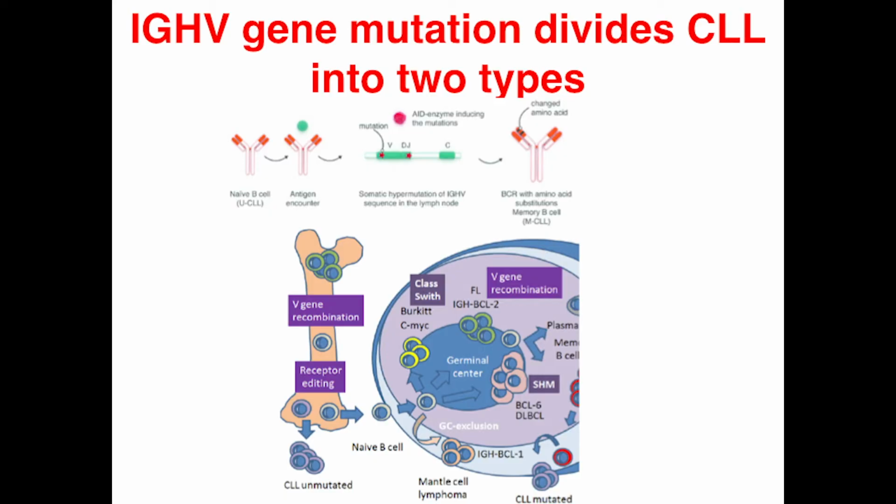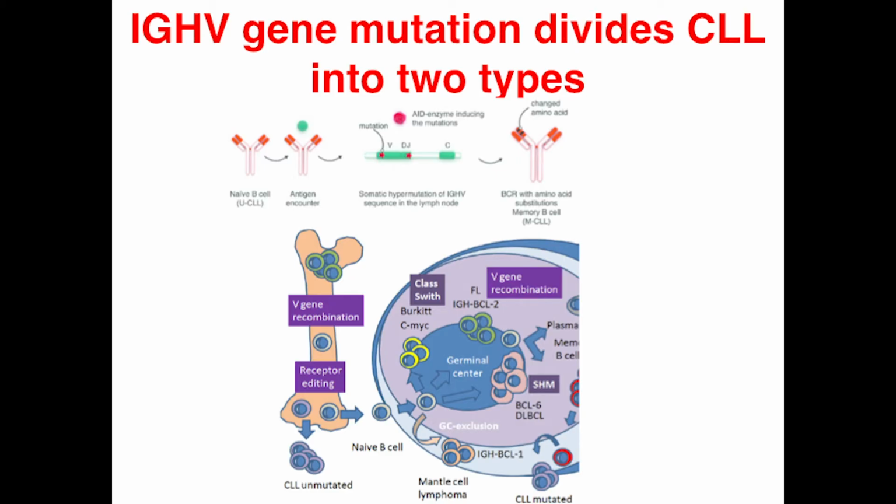Again, all the CLL cells carry mutations in non-B cell receptor genes. When we refer to CLL cells as being mutated or unmutated, it's specifically about the B cell receptor. Generally, the unmutated ones probably arose from cells that were just coming out of the bone marrow, whereas the mutated CLL cells arose from cells that were already in lymph nodes and bone marrow.